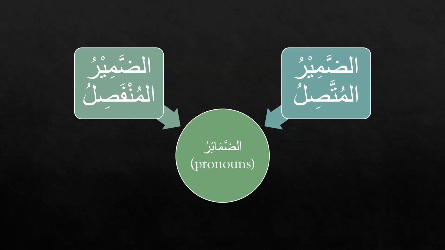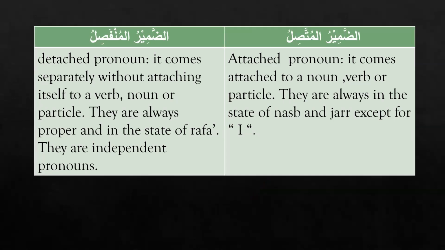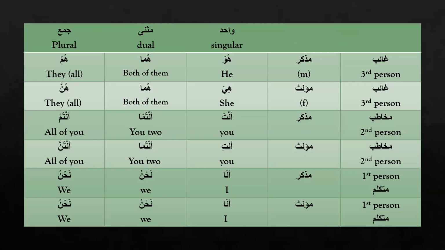The main two types that we learned about pronouns are the damir munfasil and the damir muttasil. Damir munfasil are the detached pronouns, and the damir muttasil are the attached pronouns. Here's a chart again for Damayar, and we learned how these 14 sigas are used for making a pronoun chart.